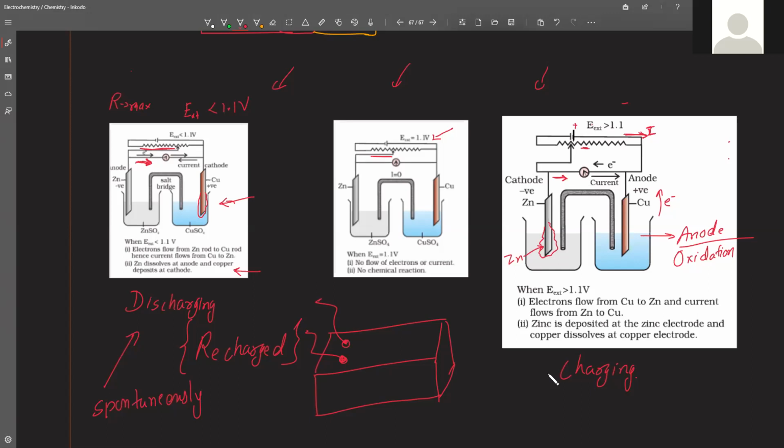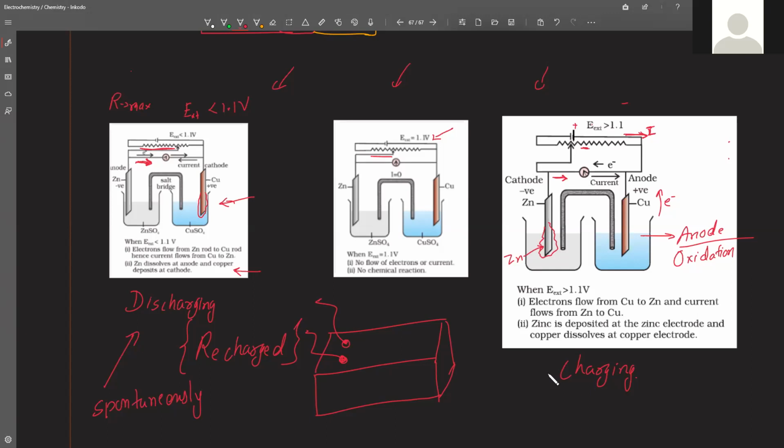Naturally, the cells are spontaneous, so it will act as a source of electrical energy. But if you keep on consuming this, what will happen?